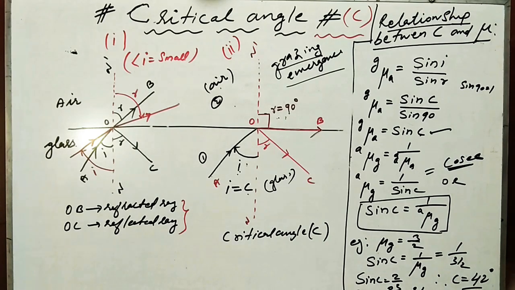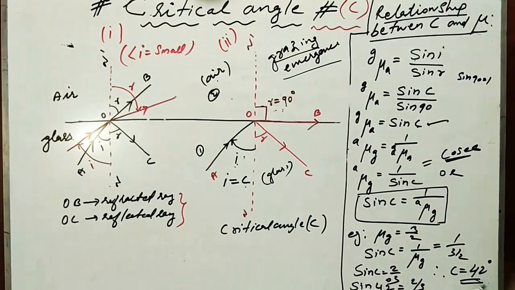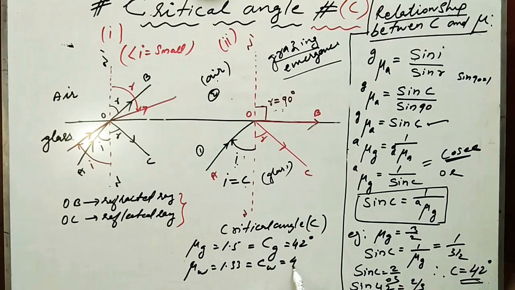For glass, the refractive index is 1.5 and the critical angle is 42 degree, and the refractive index of water is 1.33 and the critical angle for water is 49 degree, and the refractive index of diamond is almost 2.4 and the critical angle for diamond is 24 degree.